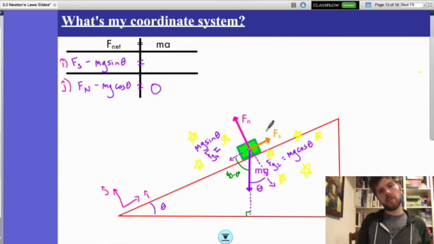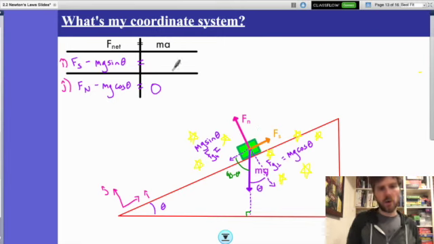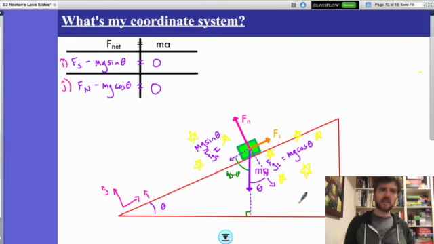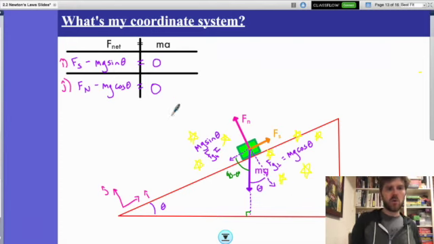In my parallel direction, though, I also want these to equal 0, right? Spooky is just sitting still. So if I take my j-hat one, my Fn is going to be equal to mg cosine theta. Cool. And if I take my i-hat one, I get that my static friction force is equal to mg sine theta.